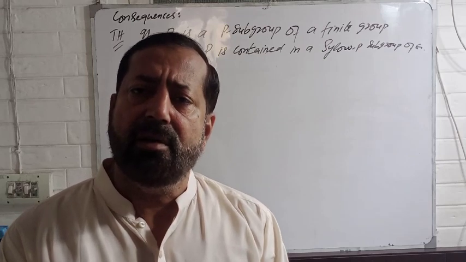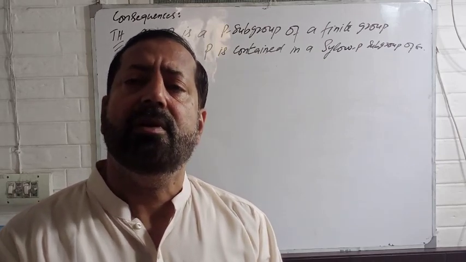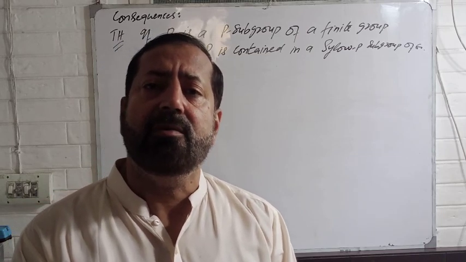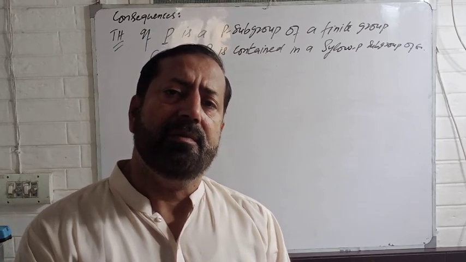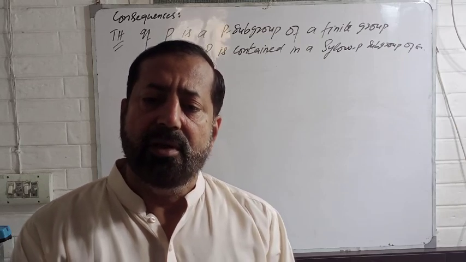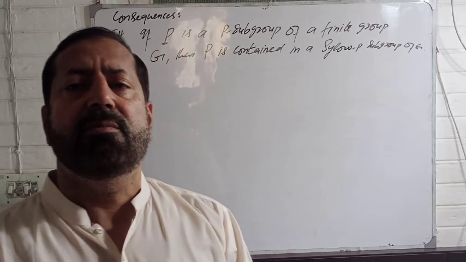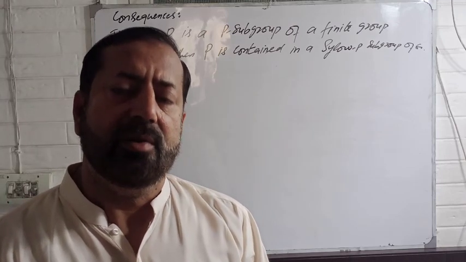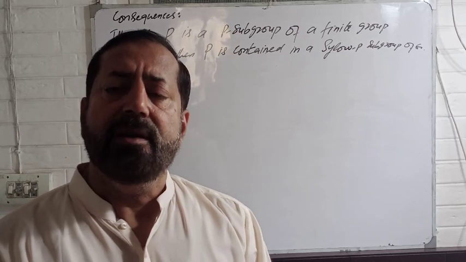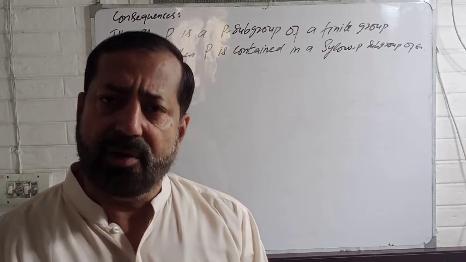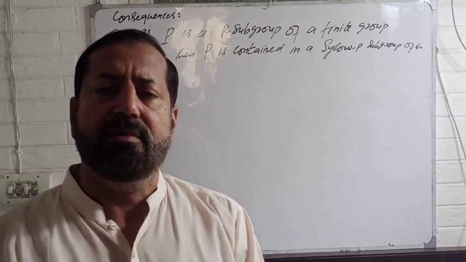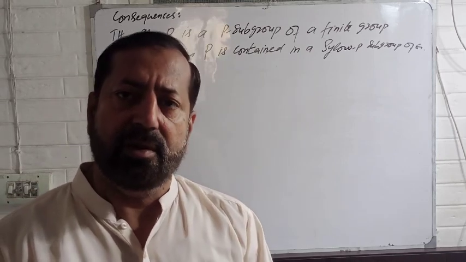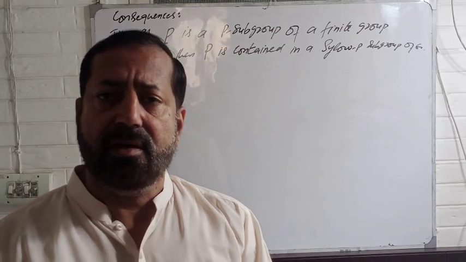Everybody knows the Lagrange theorem: if G is a finite group and H is a subgroup of G, then the order and index of H are both divisors of the order of group G. So there were two popular questions. Sometimes people call them the converse of Lagrange theorem. What is the converse of Lagrange theorem?